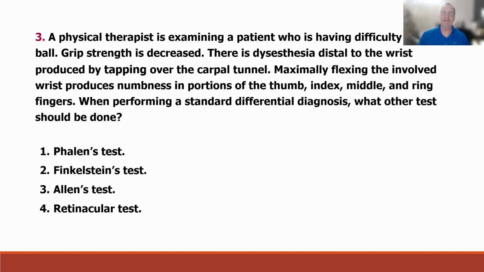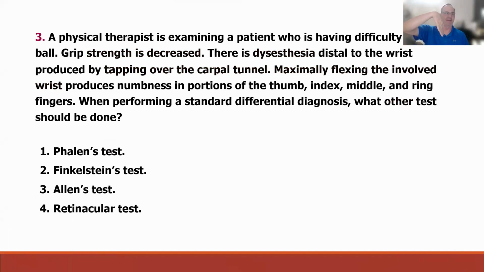And then what it says, and this is where it may be a little bit of a tricky question, but better that you see a question like this today for the first time than actually on the NPTE. The next part, the tricky part, says maximally flexing the involved wrist.